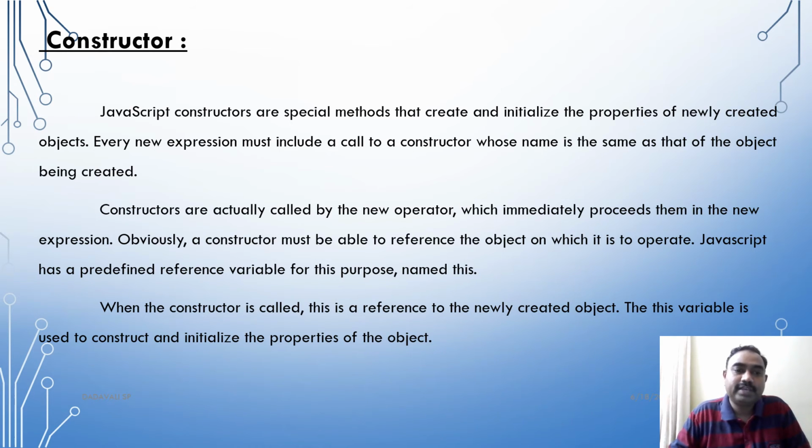JavaScript has predefined a reference variable for this purpose named this. When the constructor is called, this refers to the newly created object. This variable is used to construct and initialize the properties of the object.